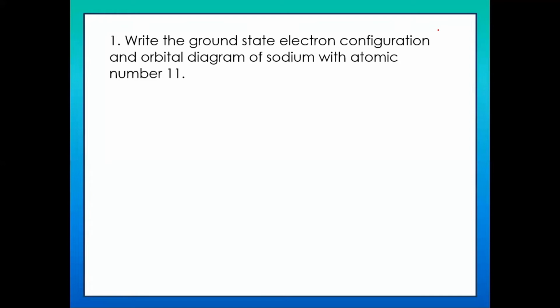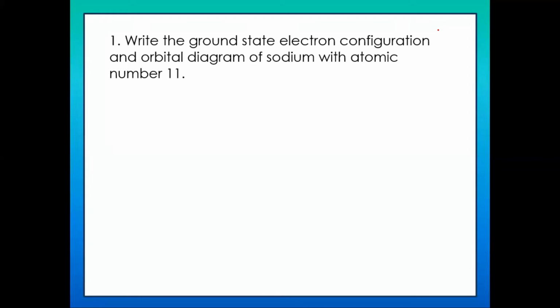Again, we are writing the ground state electron configuration of a given element, and the example elements are known to be neutral, because they have the same number of electrons and protons. So the element is sodium and the atomic number is 11. I already mentioned that the atomic number for a neutral atom is just the number of electrons.